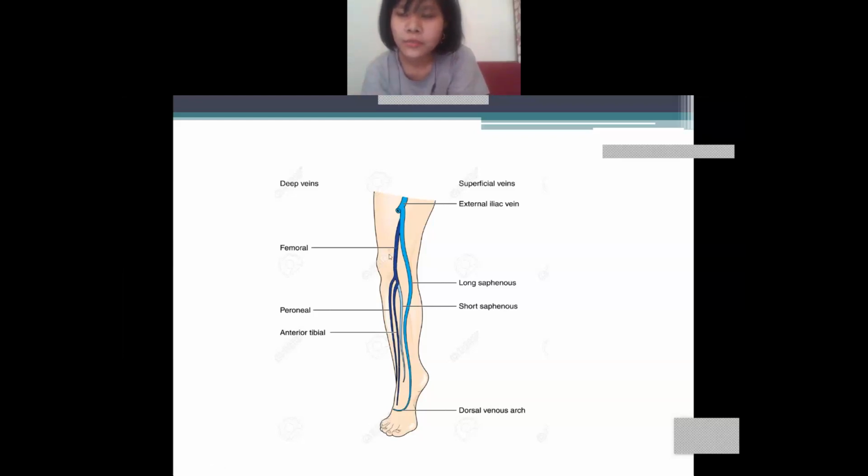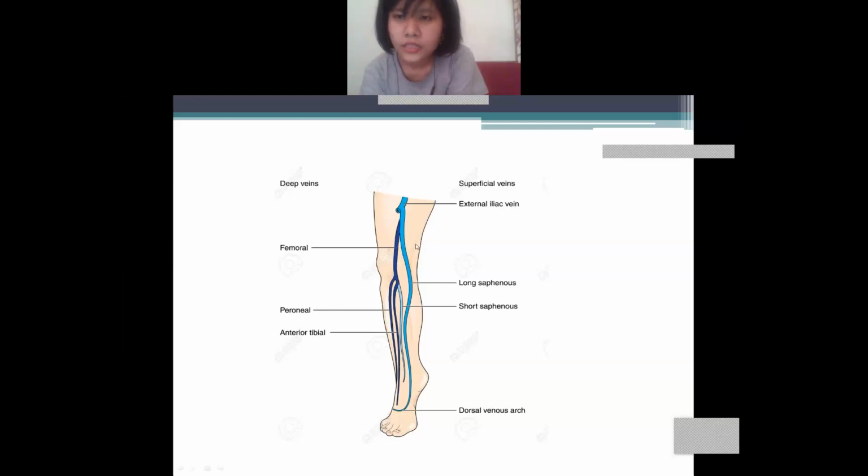Here, you remember the femoral artery we discussed in the previous class. So the femoral vein will go and communicate, or else you can say they will accompany the other communicating veins you will find in the deep veins.